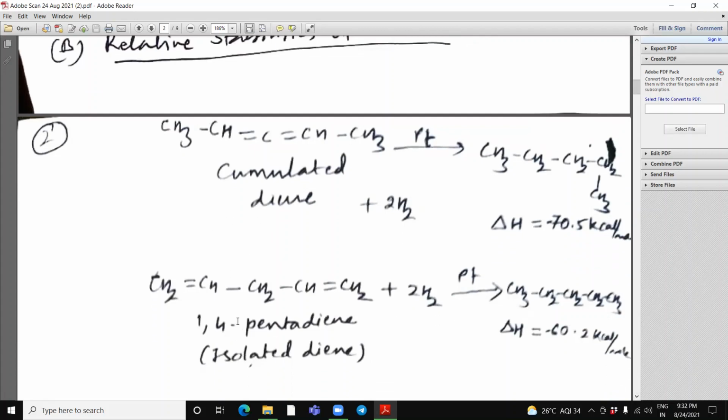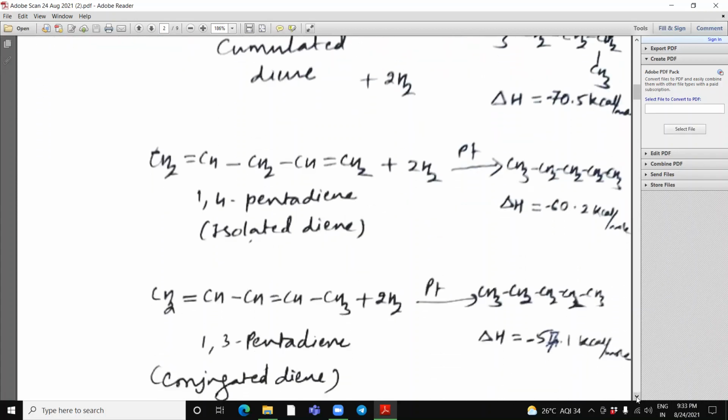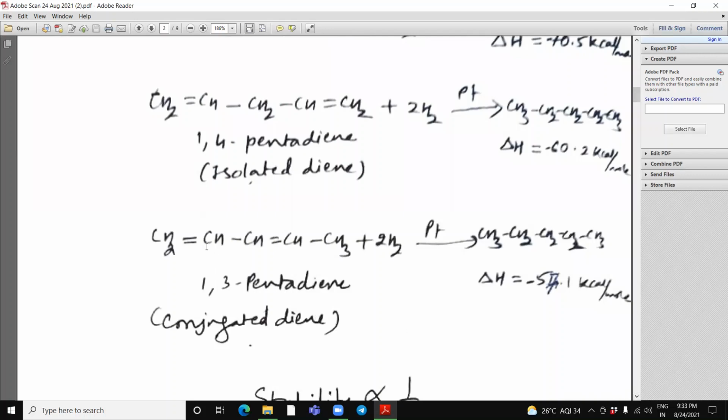And if isolated diene, 1,4-pentadiene, is hydrogenated, it will liberate minus 60.2 kilocalorie per mole. If 1,3-pentadiene, a conjugated diene, is hydrogenated in presence of platinum, it will liberate 57.1 kilocalorie per mole.